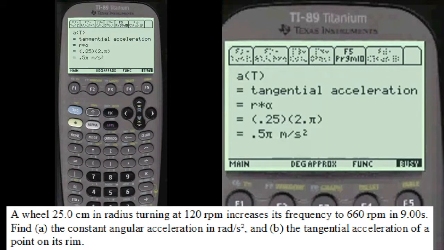Tangential acceleration is this formula after you find the angular acceleration, 1.5708. If they say centimeters, you have to multiply times 100, which is 157 centimeters per second squared. I love to do that too, professors.